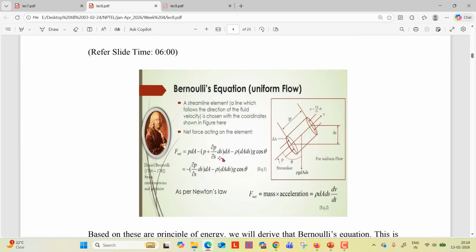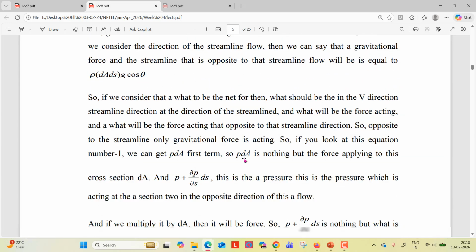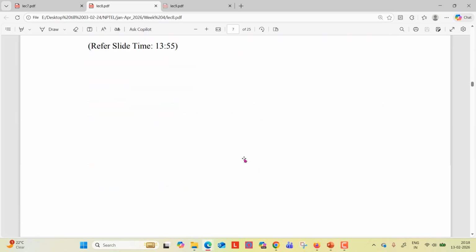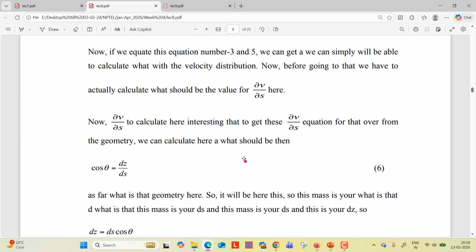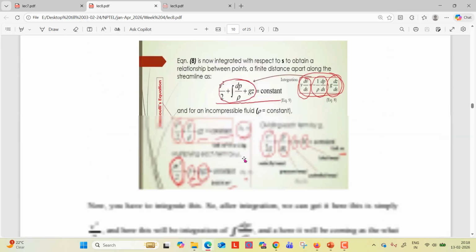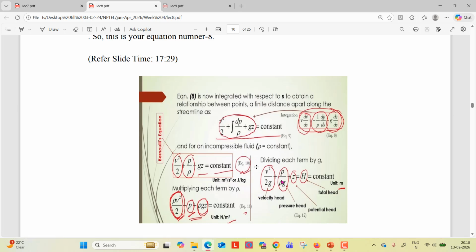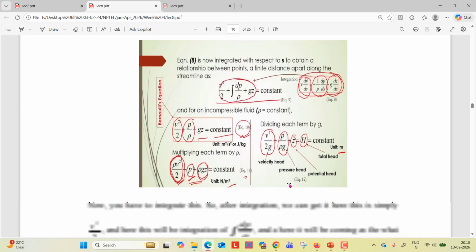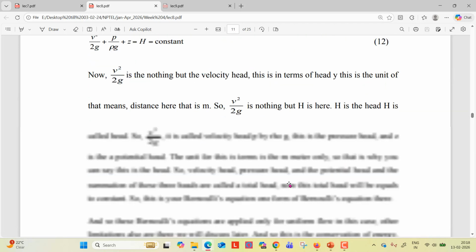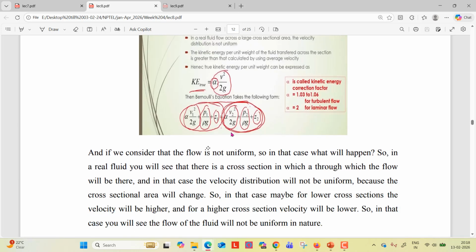So here comes the Bernoulli's equation. This is your Bernoulli's equation expression: velocity head, pressure head, and potential head.